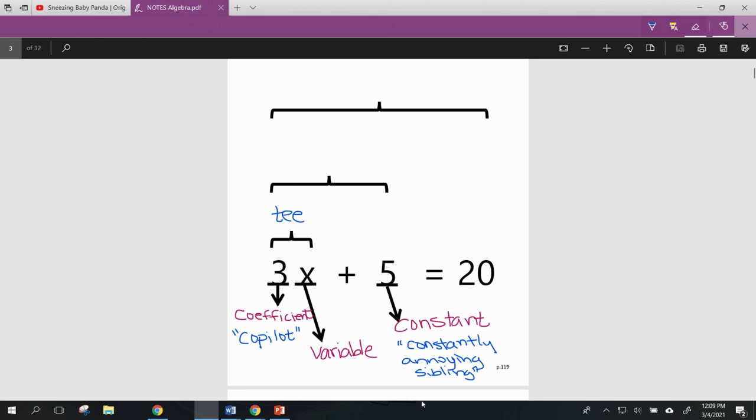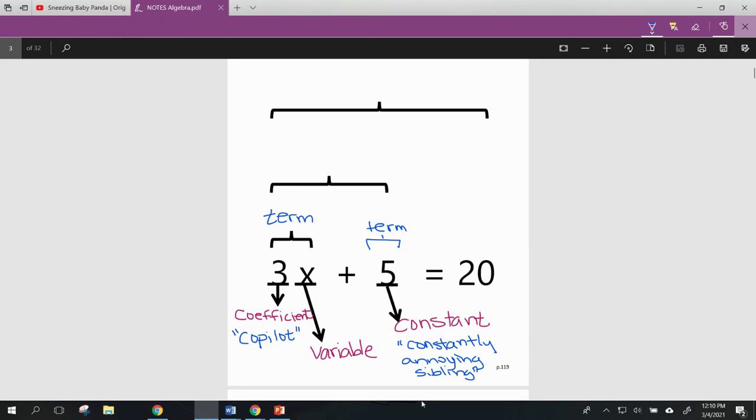It is a term. Okay, and then technically this little nugget right here is also a term as well. We have two terms, two chunks that make up what we're working with here.